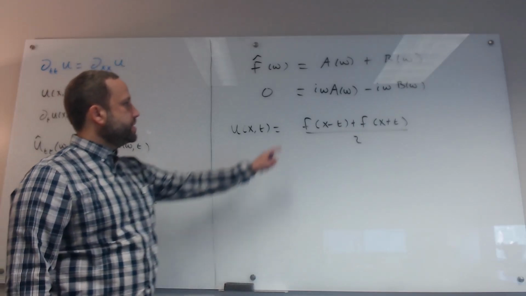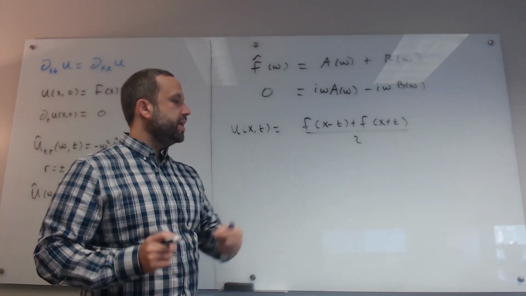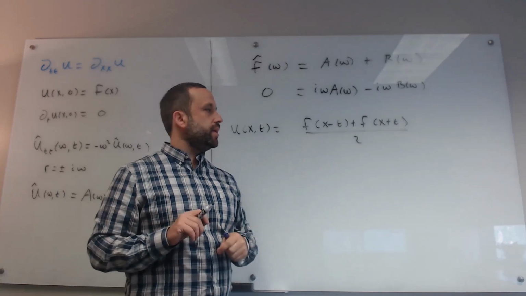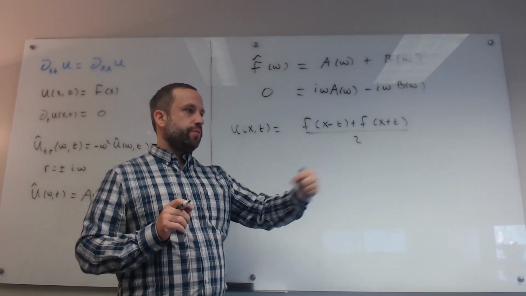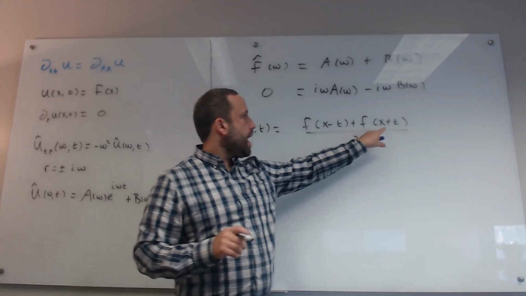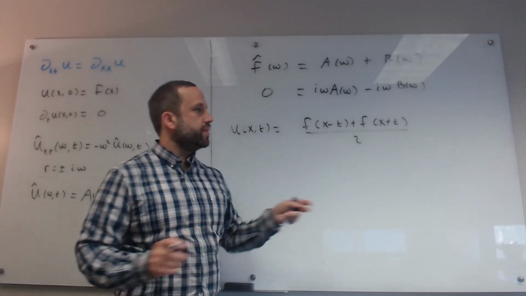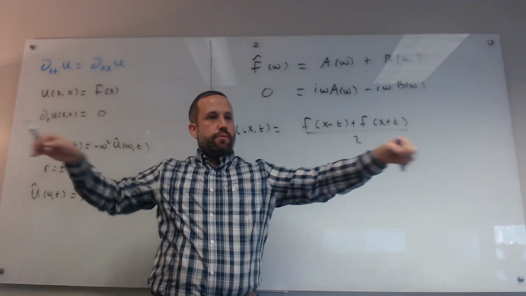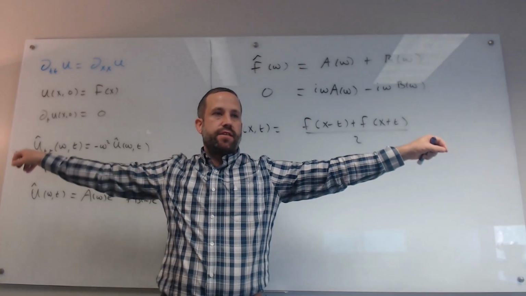So notice, if f of x is the initial profile, f of x minus t is that profile moving to the right at 1 unit of distance per unit of time, and this is moving to the left at the same speed. Okay, so what this says is that if you start with an initial wave profile, it's going to break into 2 waves moving toward plus and minus infinity.